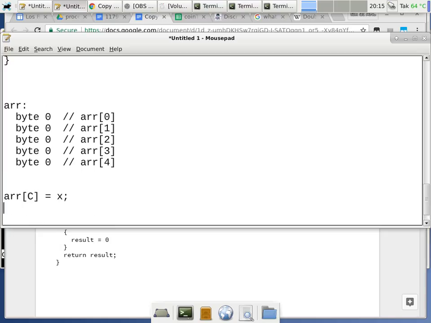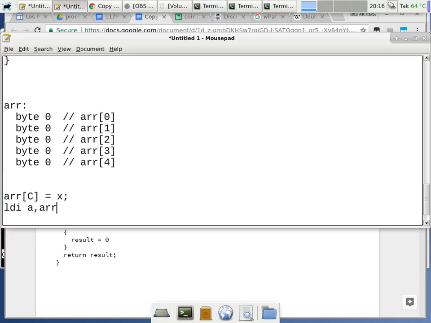So let's say we can use register A as a scratch register. LDI A with ARR. What does that do? Register A is now doing what? I'm loading register A with the label ARR, and the label ARR is the address of what again? The first byte, or byte 0, of the array.